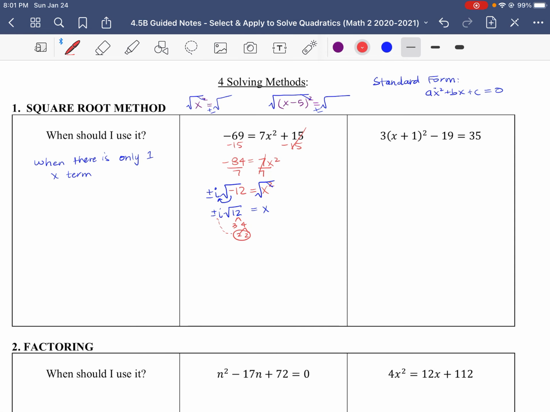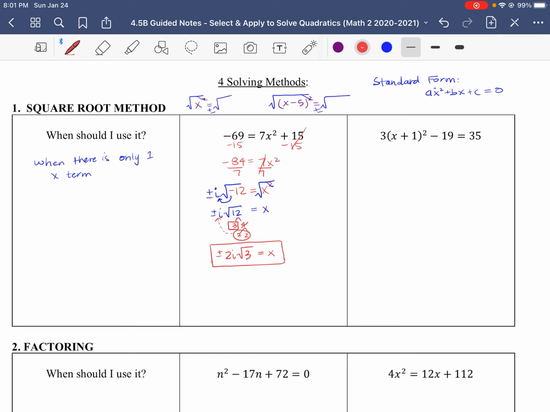The 2 gets to come out in front of the i, and it looks like it's going to be plus or minus 2i times the square root of 3, and that 3 is the one left over without a group because we broke down the 4. So x is now by itself. We've solved this equation. Those solutions are imaginary values, 2i times the square root of 3.